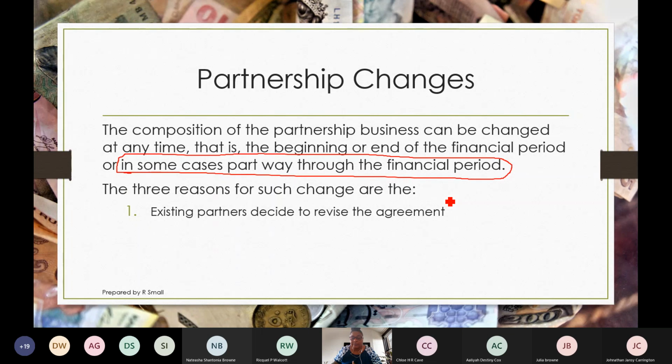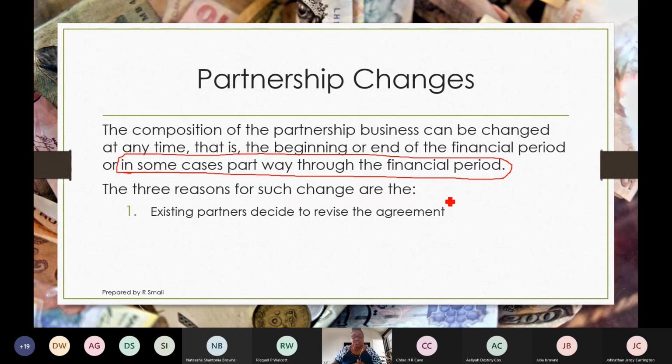Those 3 partners can decide that they want to revise their original agreement. So if they decide they're not bringing in anybody new, nobody is leaving, it is just that they're not satisfied with the current agreement that they have, and they want to make changes to it.